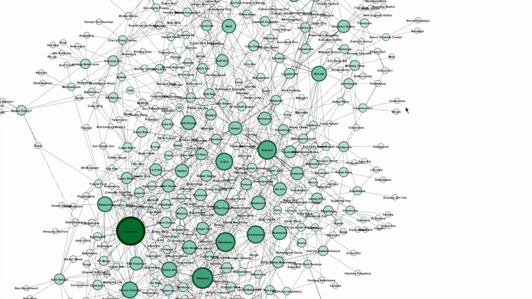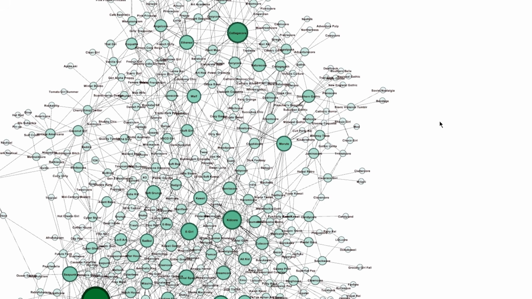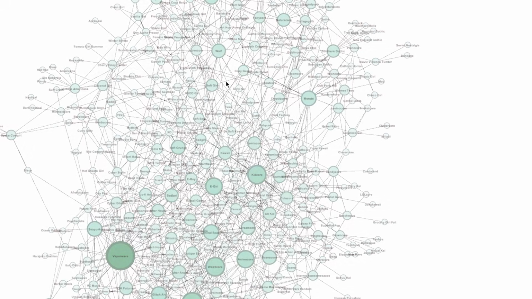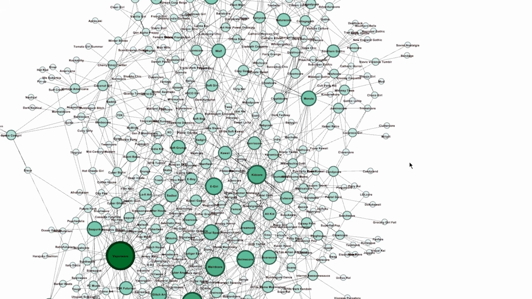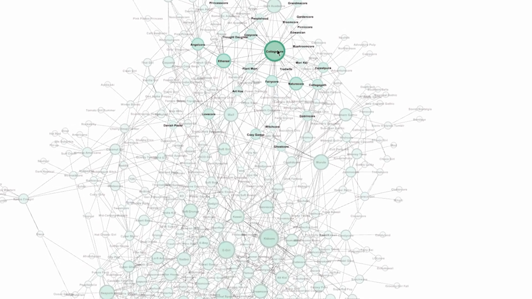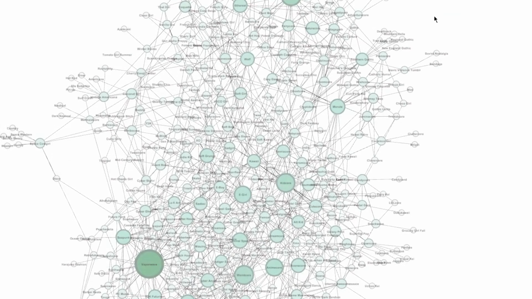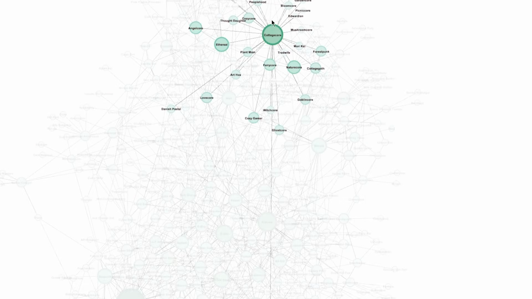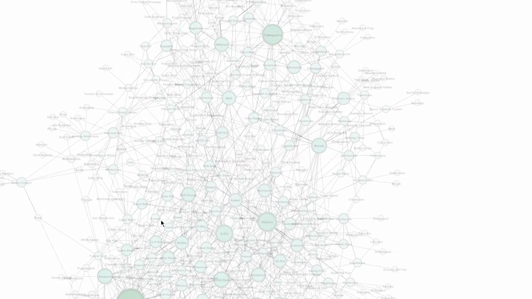What must also be noted here is that the distance between nodes, to some degree, reflects their relation to other aesthetics. For instance, the reason Cottagecore is all the way over here is because there aren't that many nodes connecting Cottagecore to Vaporwave.